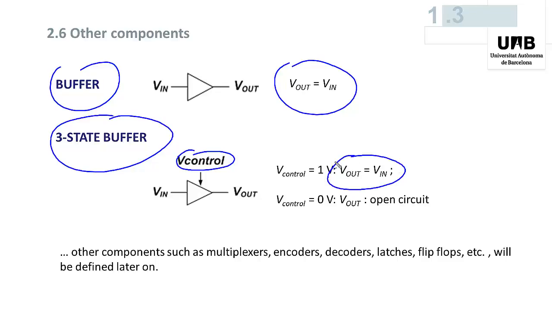But if the control voltage is at the low level, 0 volt, then the output is disconnected from the input, like an open switch. Other components such as multiplexer, decoders, latches, flip-flops, and so on will be defined later on.